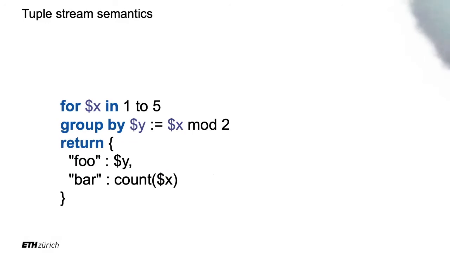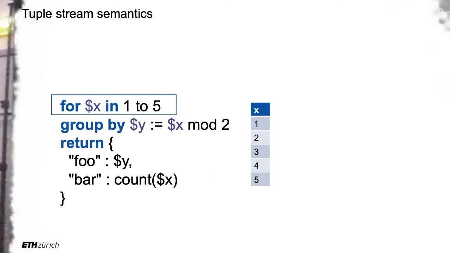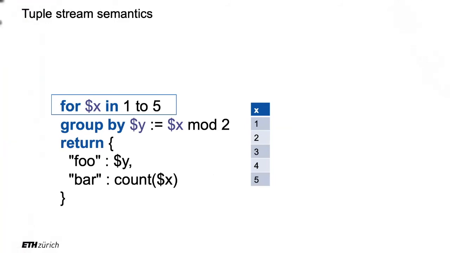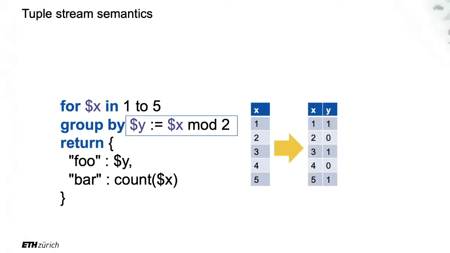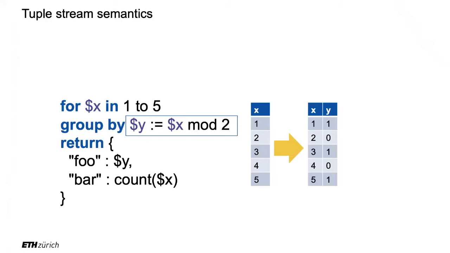Group by is a bit the same. You see that you have this binding from 1 to 5. Group by follows. And what does the group by do? See what happens. First, it's just as if it were a let. We are creating the y group by variable.